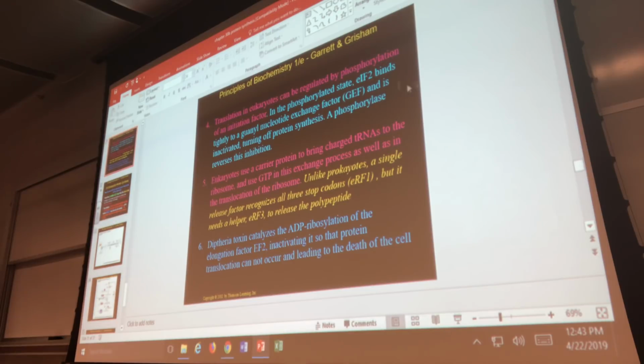If you see a lowercase e with IF, they're talking about eukaryotic initiation factor. The translation process is regulated by either the phosphorylation or the dephosphorylation of this initiation factor. And that's listed on here.